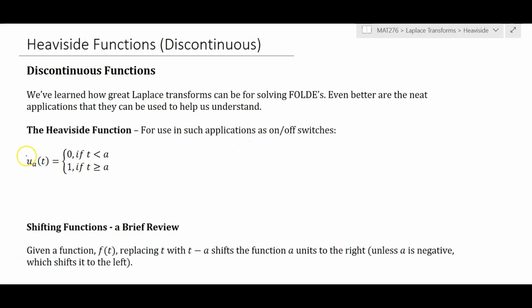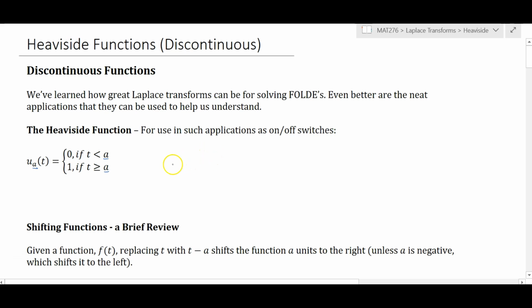And so we have this notation that we use, u with a subscript of a. Now it's a function of time because it's going to be equal to one value if time is less than a, and it's going to be equal to another value if t is greater than or equal to a. So notice that the a here and the a here are exactly the same.